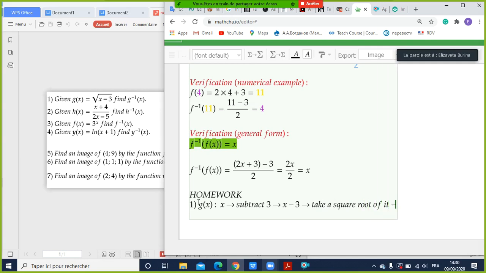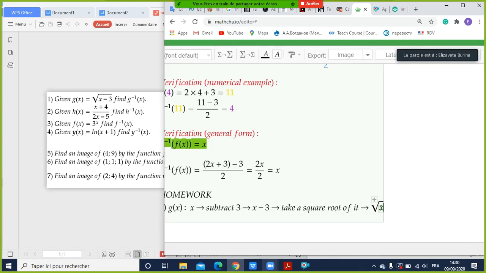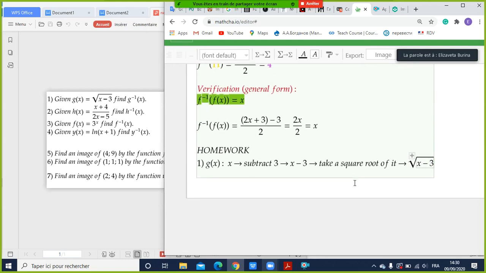And what you get is the square root of x minus 3. Okay, cool. So it all fits here.